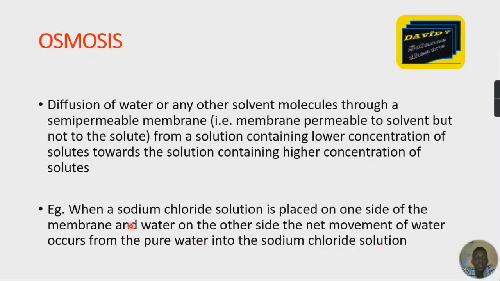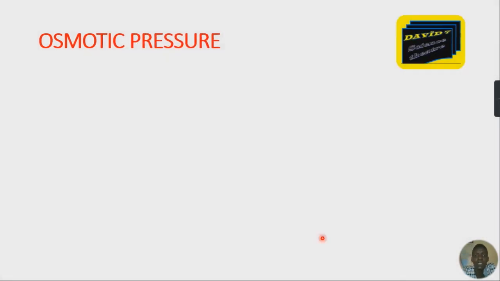Okay, so if you put sodium chloride on one side, the other side you put water, you'll find that water will move from its side towards a solution of sodium chloride. Okay, so that is what I'm talking about in osmosis. Let's continue.